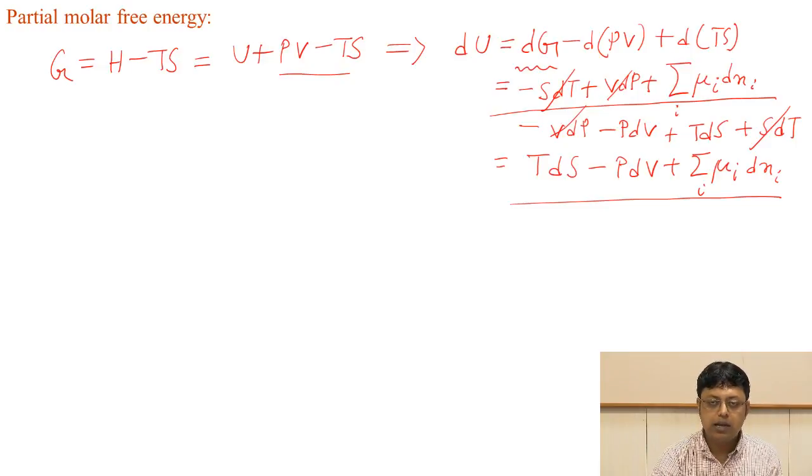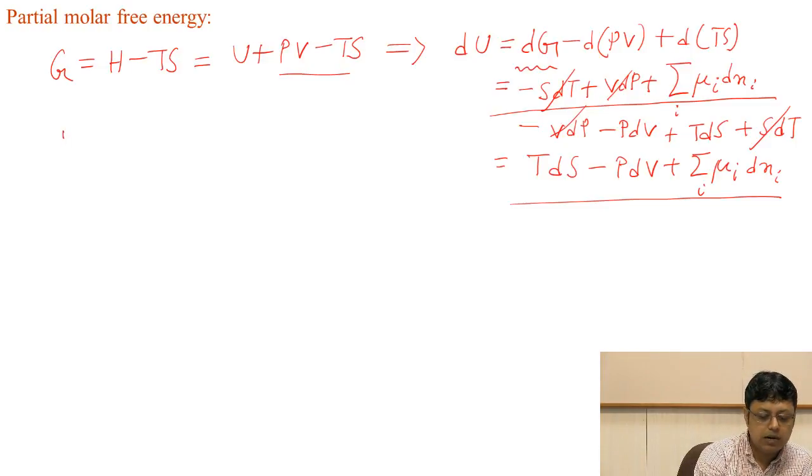So this mu I can be expressed not only in terms of dG but also in terms of other quantities. Remember that we started with this, that mu I is nothing but the partial derivative of Gibbs free energy as we change the component I, keeping pressure, temperature and all other components constant.